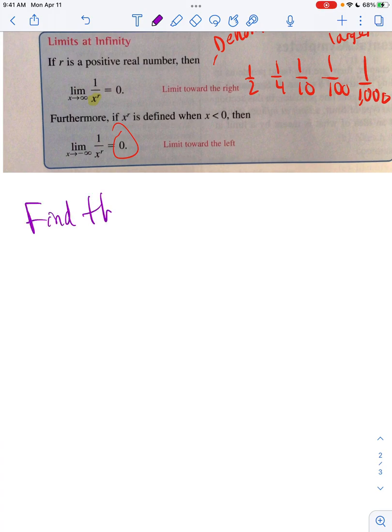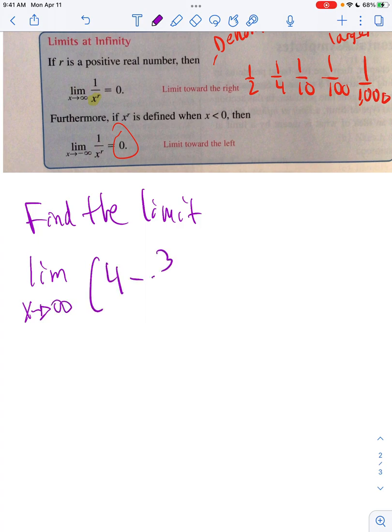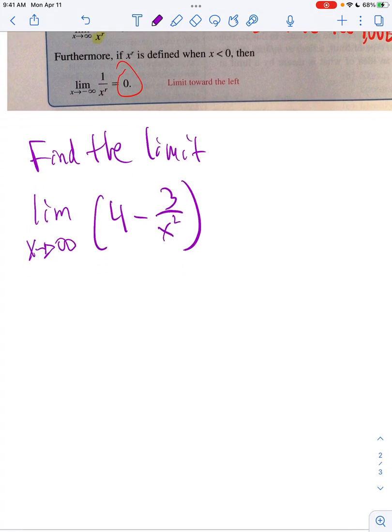Evaluating a limit at infinity. Find the limit. So we're going to say the limit as x approaches infinity of 4 minus 3 over x squared. We're going to use our algebraic properties.